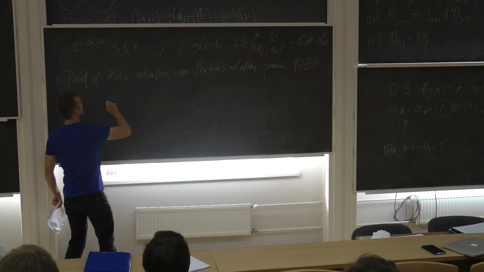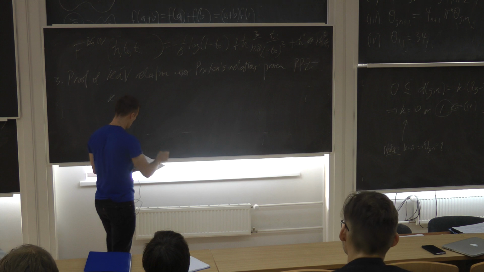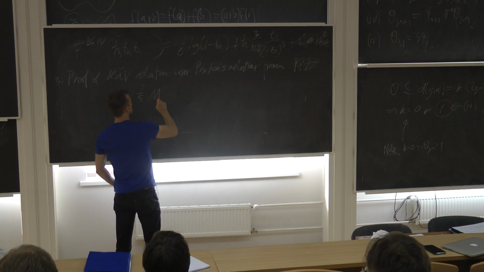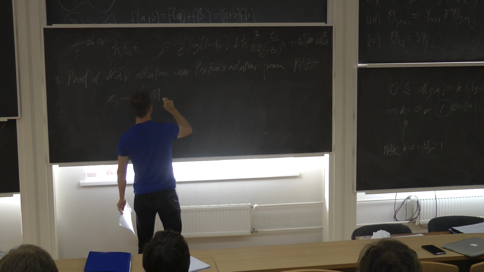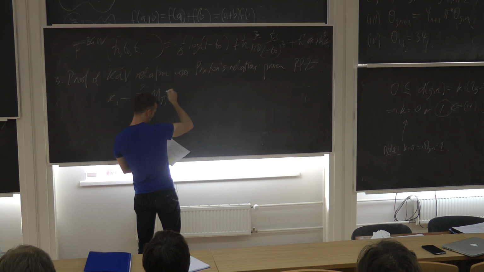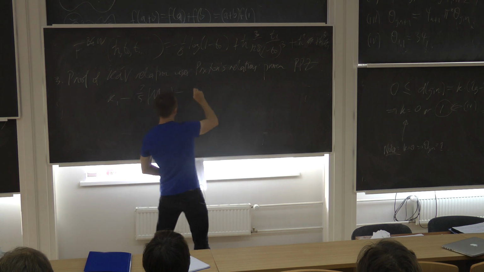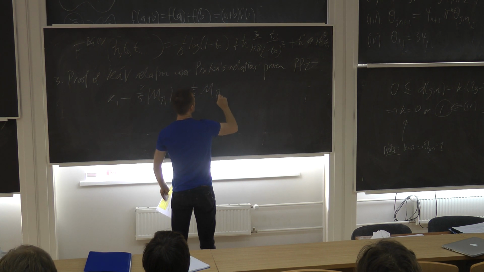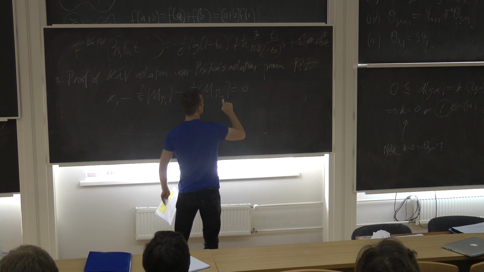Okay, so here's an example of a Pixton relation, which is Mumford's relation. I'll explain what this gamma 1 is, and gamma 2.